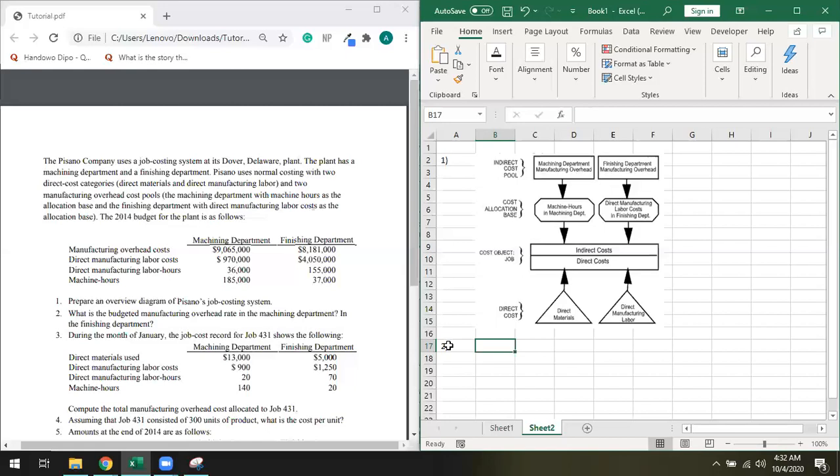So for number two, we want to find the budgeted manufacturing overhead rate for each department. Let's just start with machining department. We know that to calculate the budgeted manufacturing overhead rate, we divide the budgeted manufacturing overhead cost by the budgeted quantity of cost allocation base.